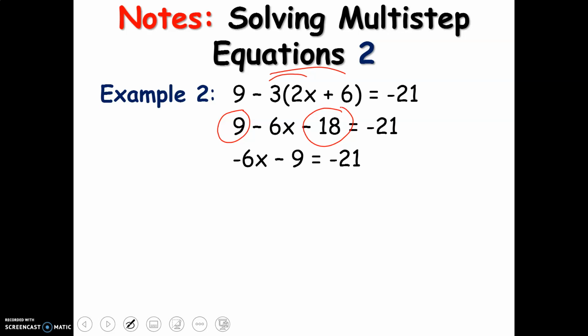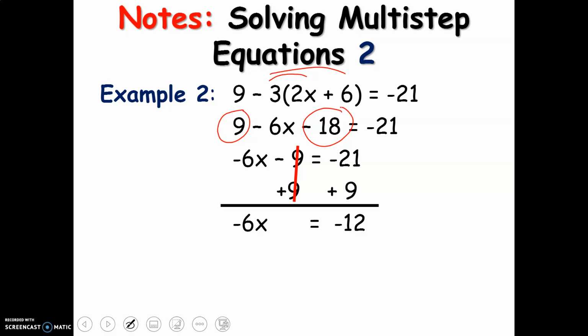Our objective is to isolate the variable x. So we start by getting rid of the minus 9. Opposite of minus 9 is to add 9 to both sides of the equation. Negative 9 and 9 makes 0, and on the right-hand side, negative 21 and 9 makes negative 12. Bringing down the negative 6x, we get negative 6x is equal to negative 12.